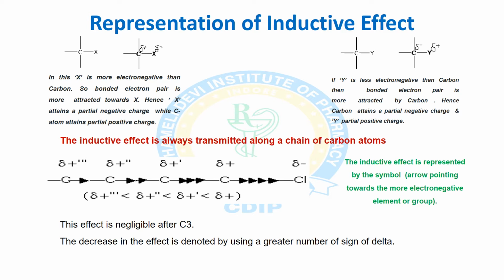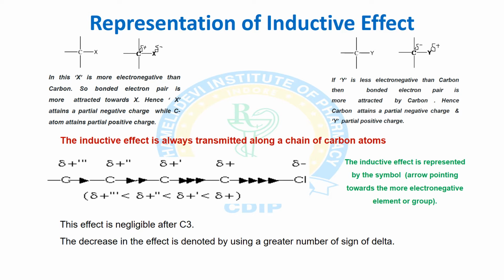In the second molecule, CH3Y, if Y is less electronegative than the carbon atom, then the bonded electron pair is more attracted by the carbon. Hence, carbon attains a partial negative charge and the attached atom Y attains a partial positive charge. This effect is known as the inductive effect.